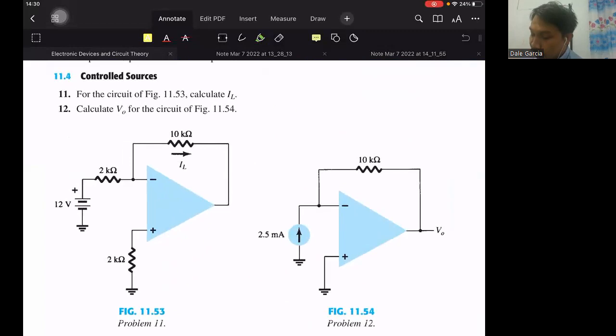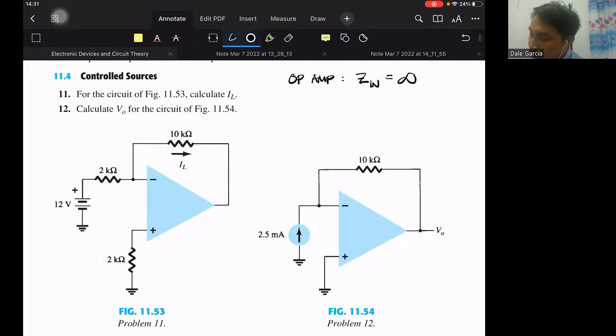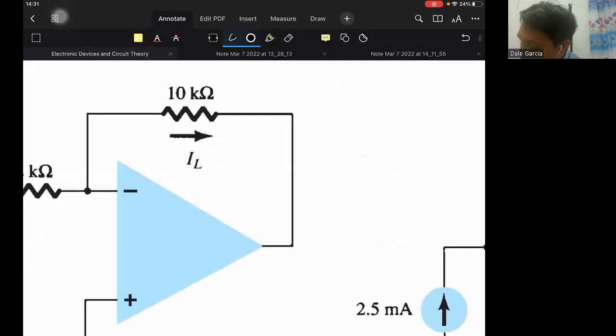The principle of 11 and 12 is that, if you remember, one of the characteristics of an op-amp is that the input impedance is a very large number, close to infinity. Meaning the current I_I, the current going into the inverting input, is equal to 0.